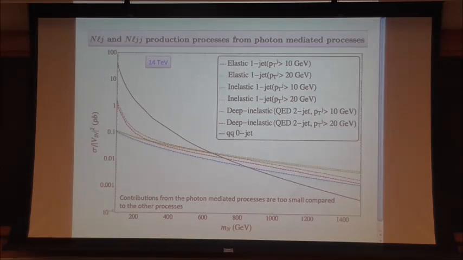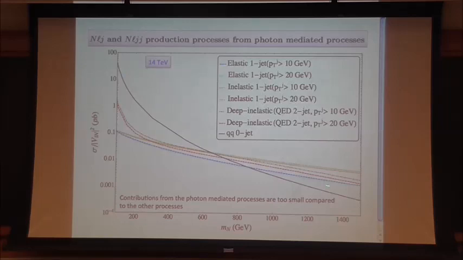We also plot the photon-mediated processes. We separate out these elastic, inelastic, and deep inelastic processes. Separating them out, we find that the deep inelastic, elastic, and inelastic processes dominate over the QQ 0-jet process after a certain higher heavy neutrino mass, say around 600 or so.